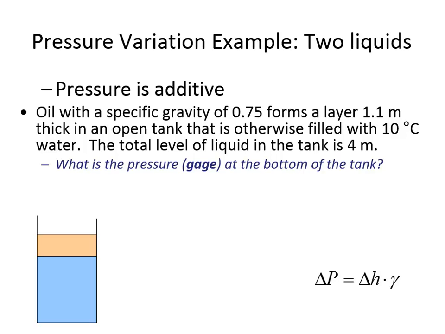Okay? And what do you mean? Well, I need to maybe raise the screen a little bit. This tank is open to the atmosphere. And so here's the air, and we're finding it in gauge terms.